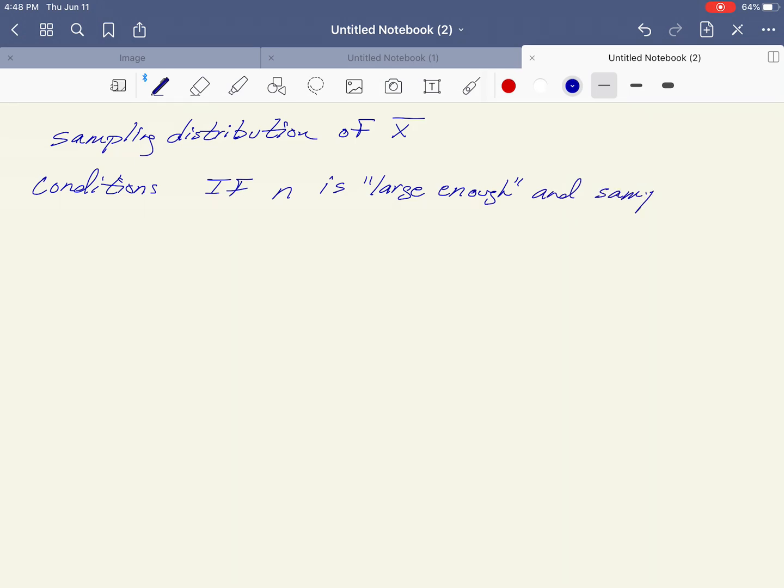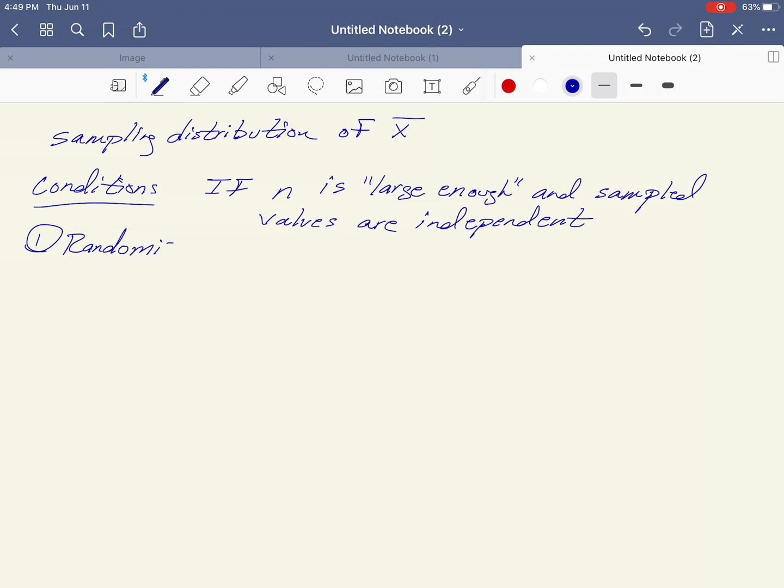and the sampled values are independent. Okay. First condition remains the same. We have randomization.